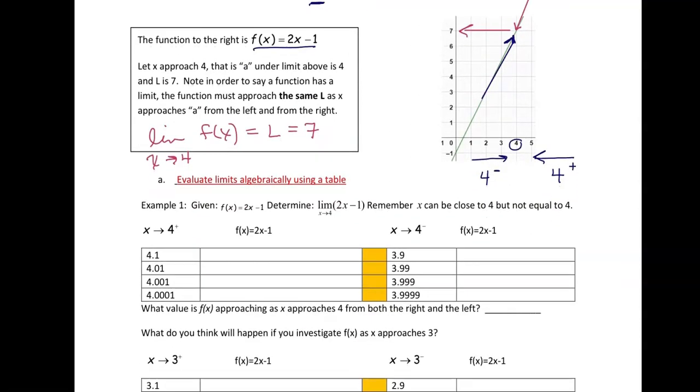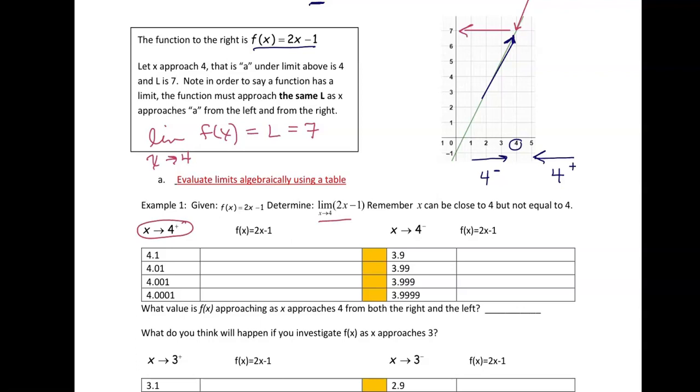So let's look at it in terms of a table. If I say evaluate a limit using a table, this is what you're going to do. It's the exact same function. I determine the limit. Remember, x can be close to 4 but not equal to it. Let's approach x from the bigger than 4 position.